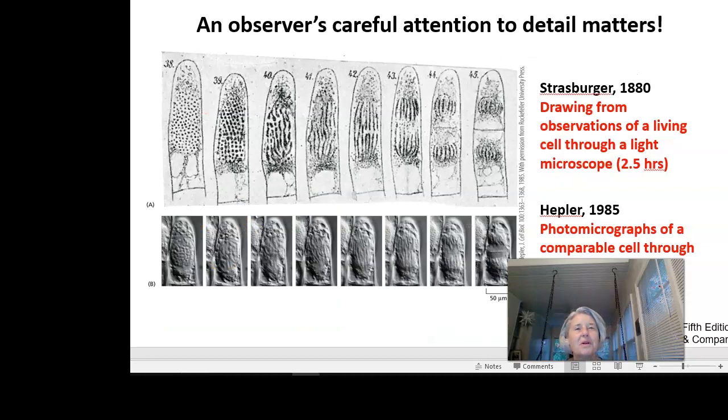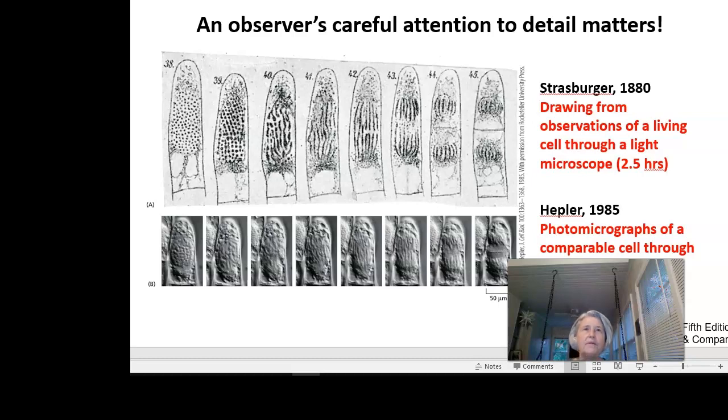Regardless of what kind of microscope you're using, careful attention to detail is going to be very, very important. That's illustrated really well in this pair of views from microscopes, one from 1880 and the other from 1985.